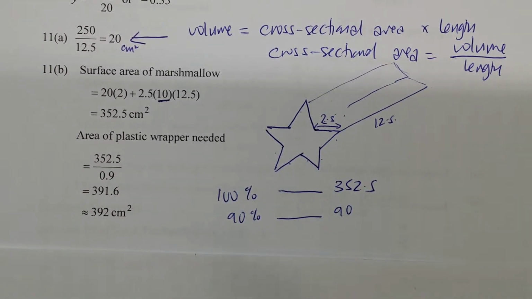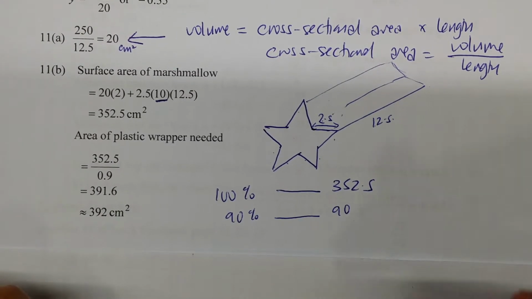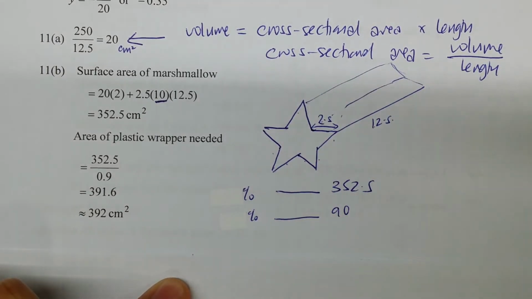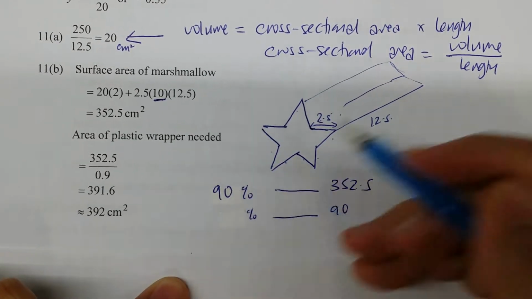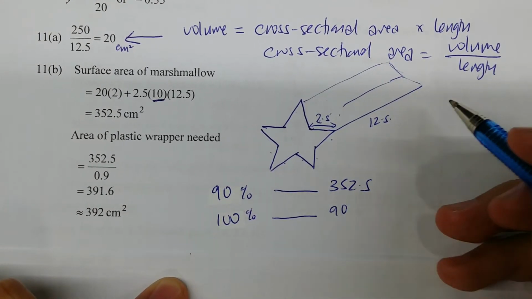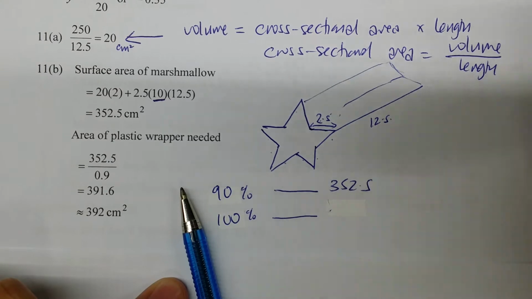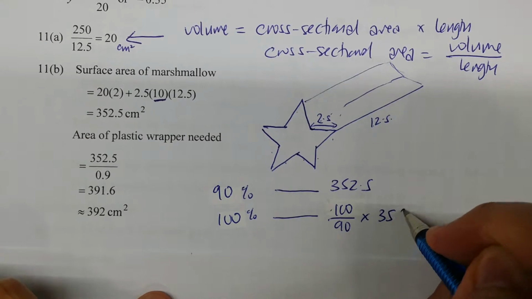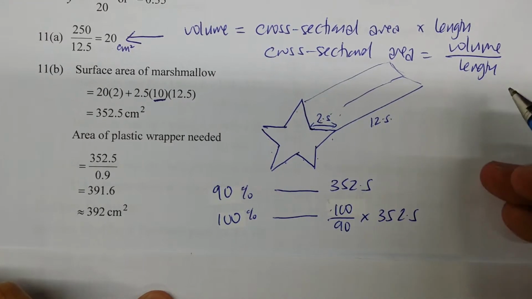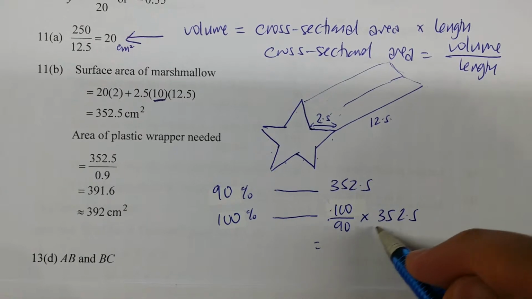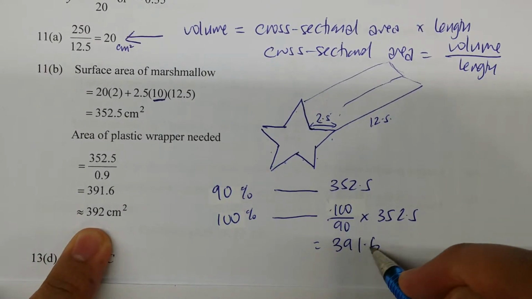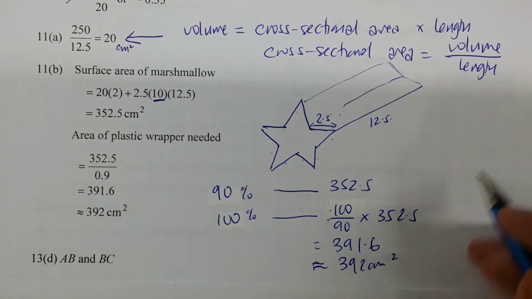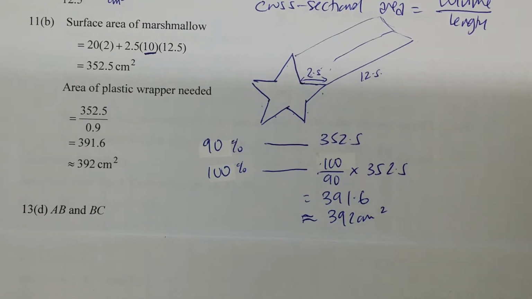If I read the question carefully, it says 10% is used for sealing purpose. So that means to wrap the marshmallow alone is only 90%. I need to find 100%, that means altogether how much wrapper I need. So it's the other way around. 100% is 100 over 90 multiplied by 352.5. You get 391.6, round off to 392 cm square.